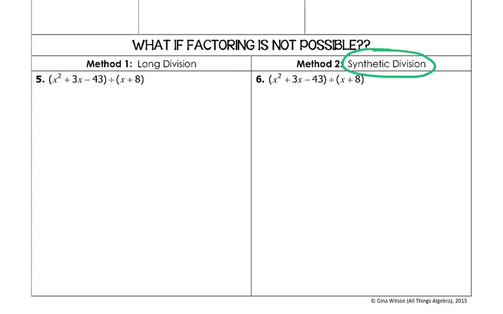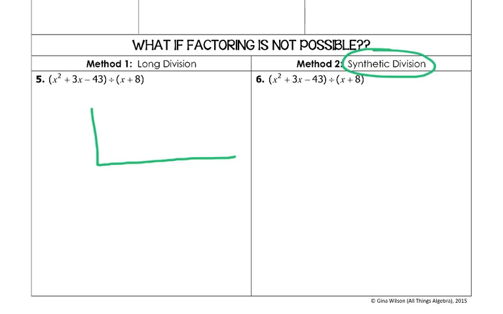Again, we have x squared plus 3x minus 43 divided by x plus 8. In order to set this up, before we were using the division sign, doing long division. Here we're going to set up something that looks like this.